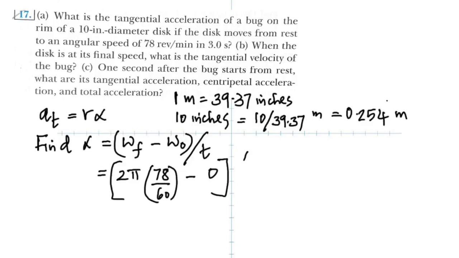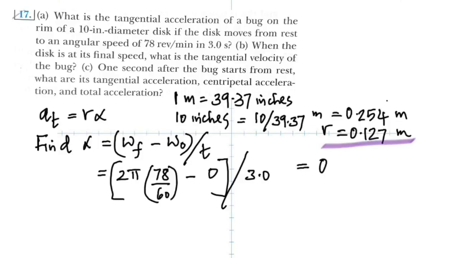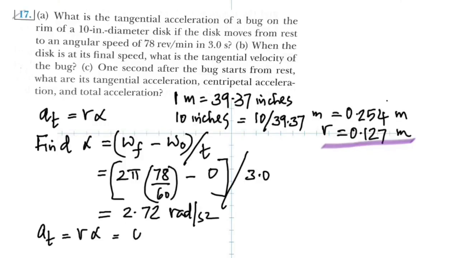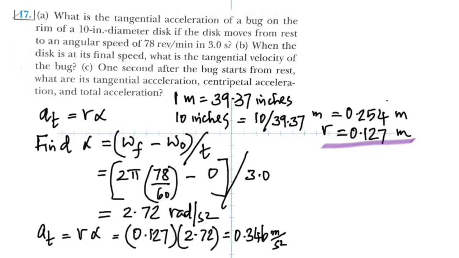And I am dividing by 60 because you got to have the revolutions per second. So when you do that, we get 2.72 radians per second squared. Now plug it back into this relation, multiply it with the radius, and you have your tangential acceleration as 0.346 meter per second squared.